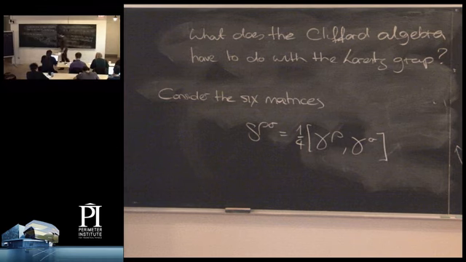Okay? So remember, these gammas anti-commute to give 1 or 0, and they anti-commute to give the eta rho sigma, but here we're going to commute them instead. So why are there 6 matrices here? There's 6 matrices because obviously if rho and sigma are equal to each other, this gives 0.